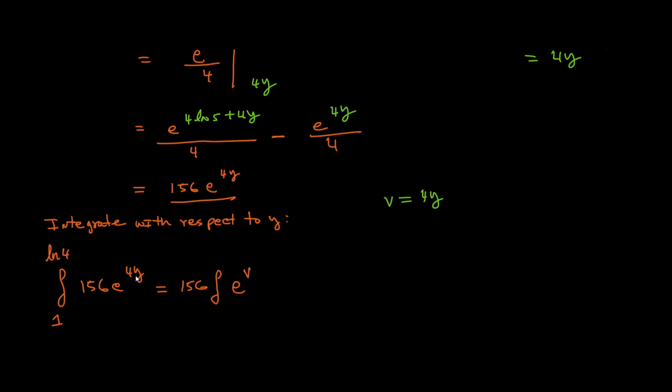Because we substituted for 4y. All right, let's find the derivative of 4y to find du. I mean dv. That would be 4 dy. And let's solve for dy.